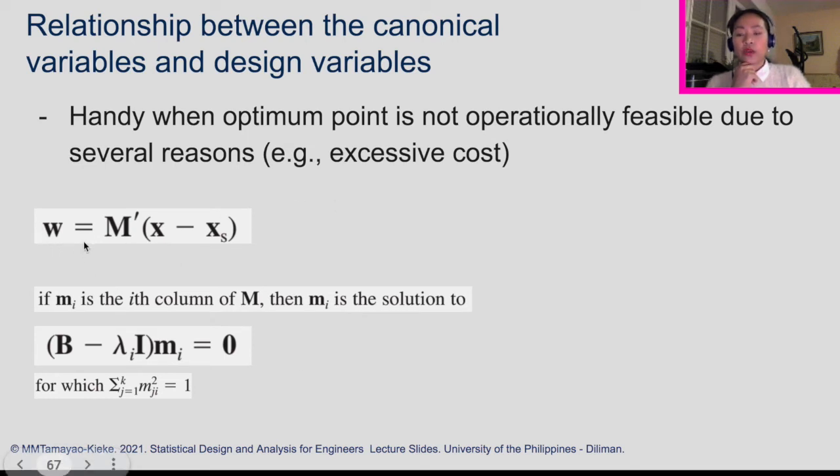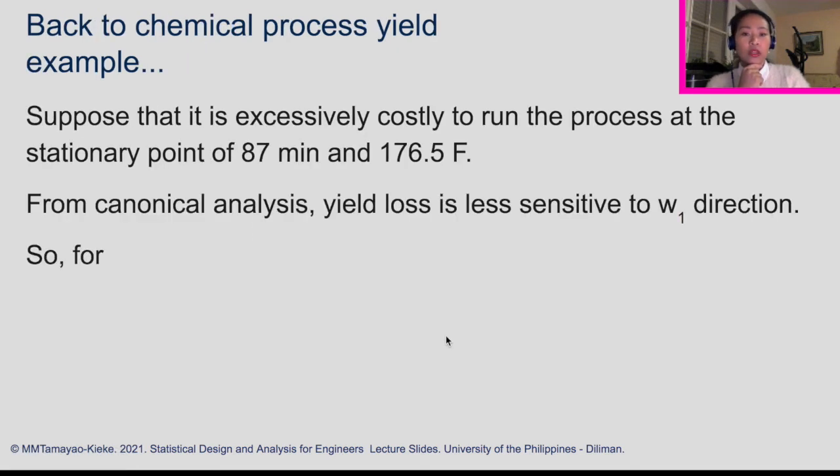W is equal to M prime times the quantity X minus X sub S. Now, if Mi is the ith column of M, then Mi is the solution to this: B minus lambda I times Mi is equal to 0, for which the summation of Mji squared from j equals 1 to k is equal to 1.